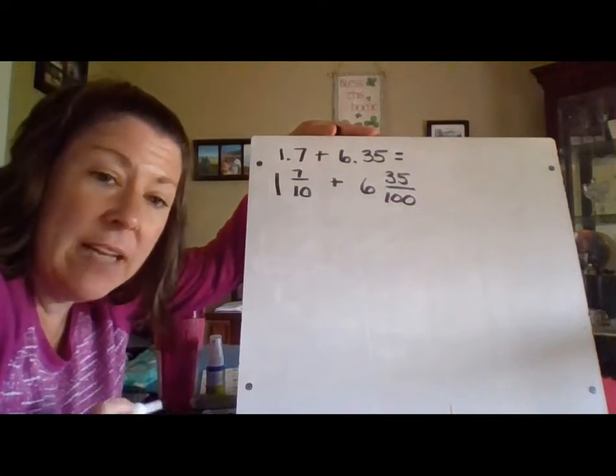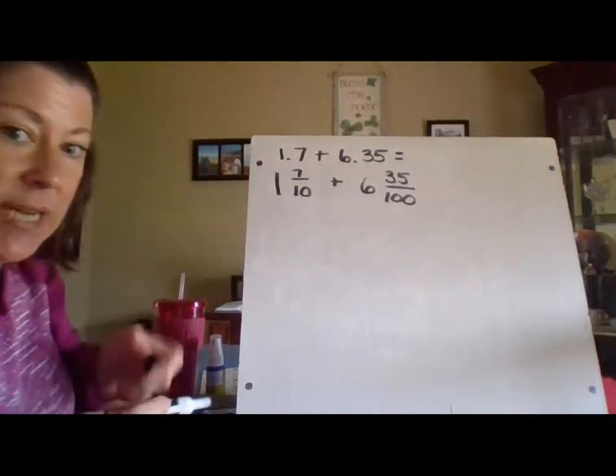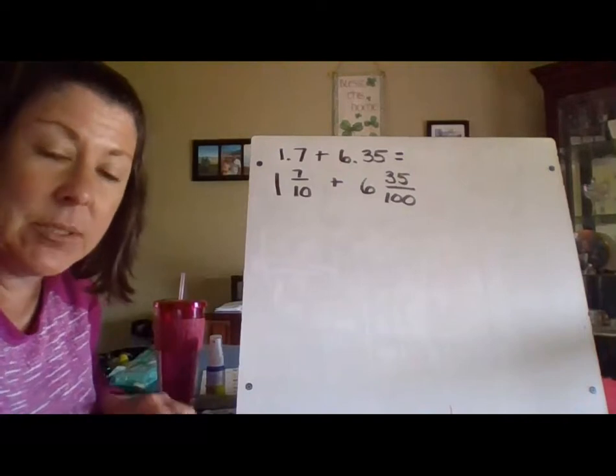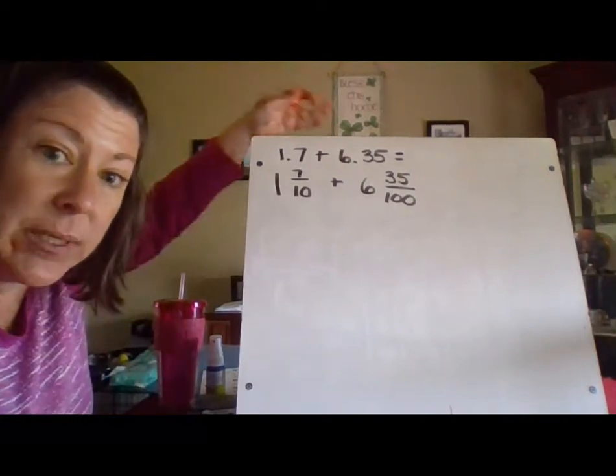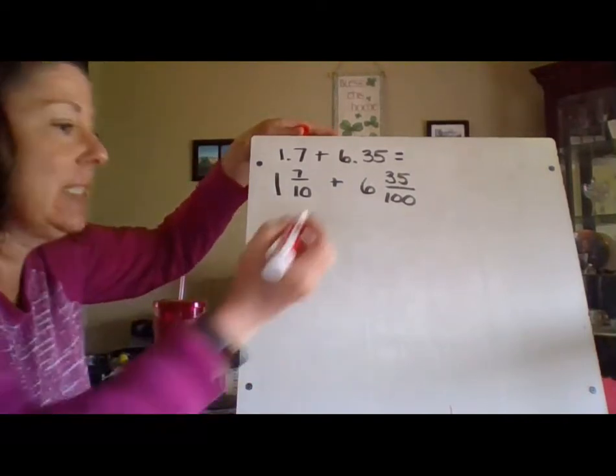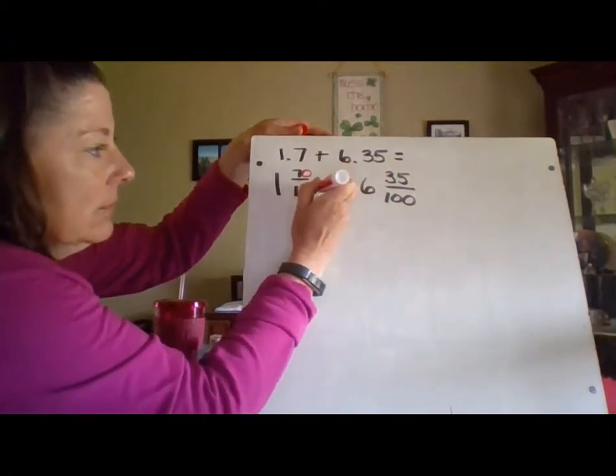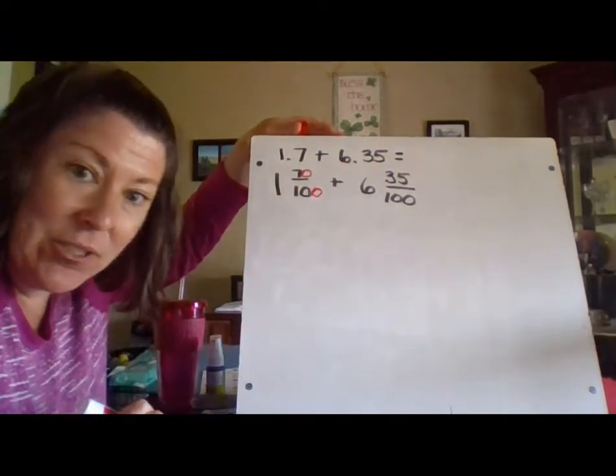Well, I know when I add fractions, I have to have apples to apples, and I don't have apples to apples here. So I'm just going to rewrite that 7/10 as 70 hundredths.